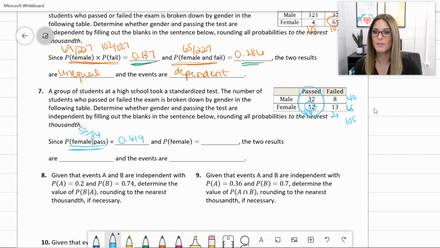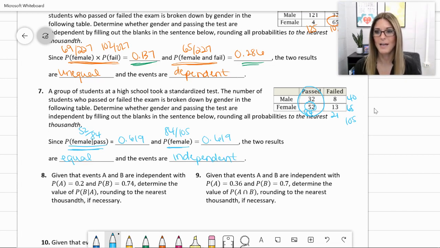And we're going to compare that with the probability of female out of everybody. So total female was 65 out of the total class 105. Rounding that to the nearest thousandths is also 619 thousandths. So the two results are equal, and therefore the events are independent.